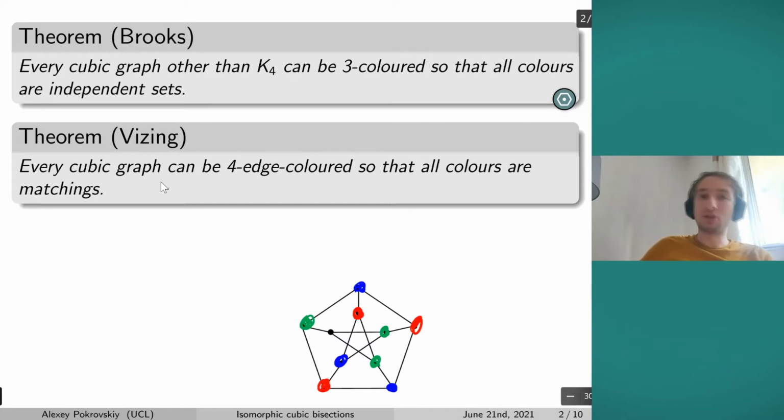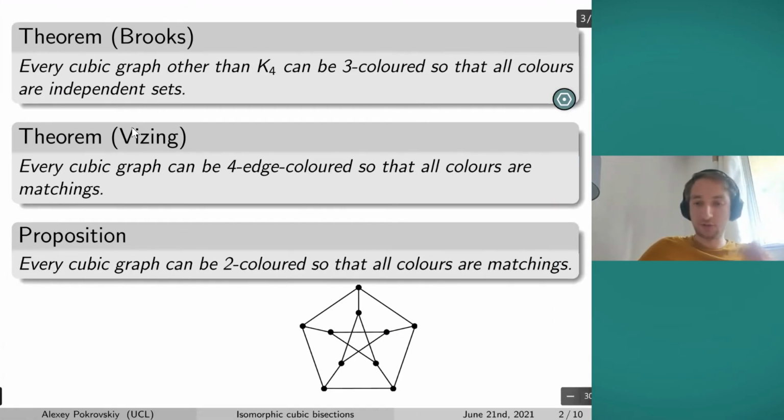And there are lots of different directions from which you can try and come at this. So one is to ask for the colors to have small size. And there's a simple proposition here, which is that you can always 2-color a cubic graph, using just now colors red and blue, such that the monochromatic sets are matchings.